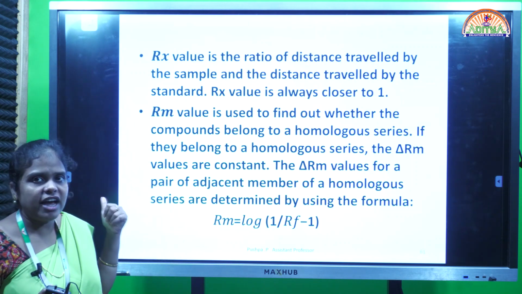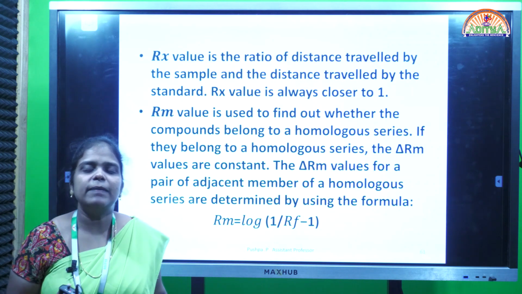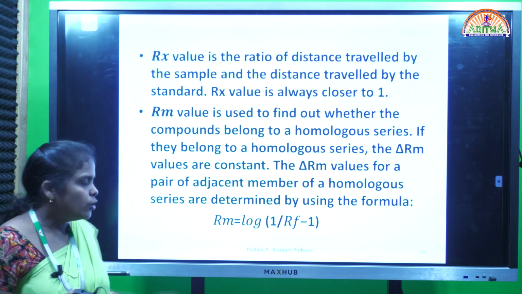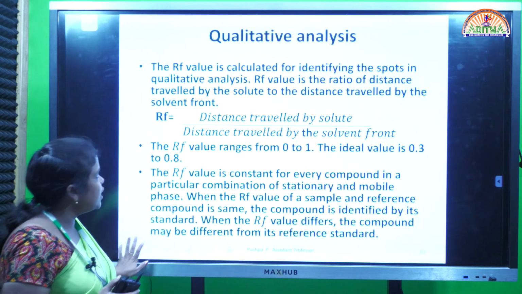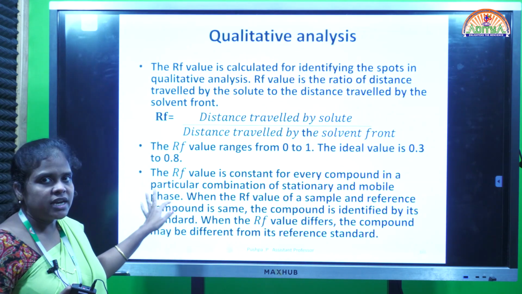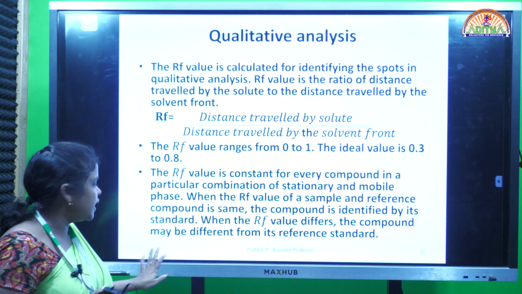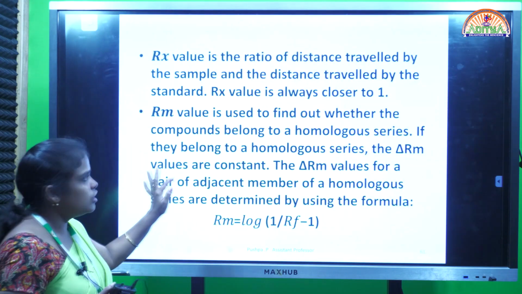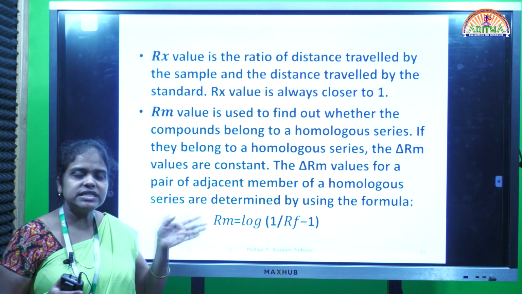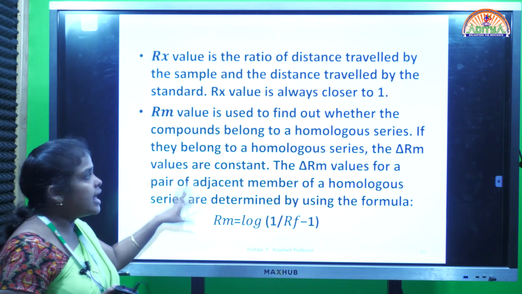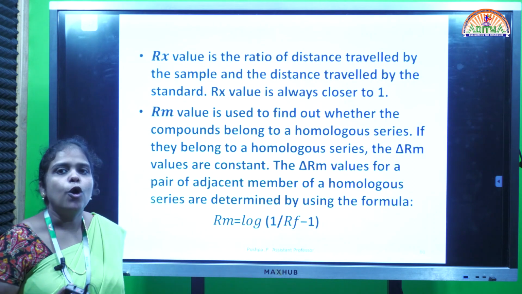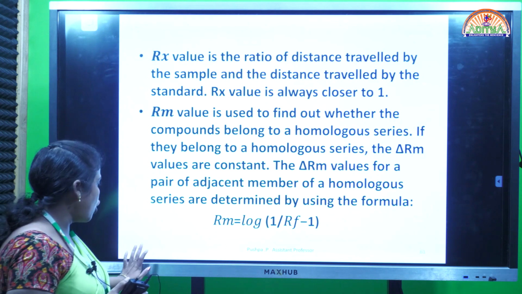But don't get confused: the Rf value is used for preliminary testing of the sample by comparing it with the mobile phase movement, the Rx value for the comparative study of sample and standard, and the Rm value for homologous compounds.